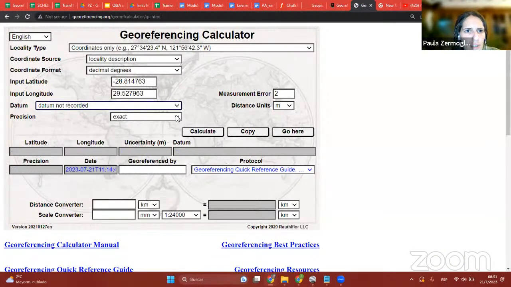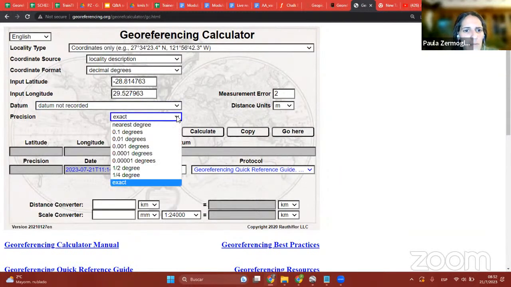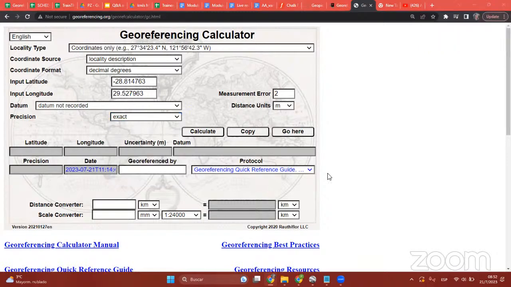The precision of these coordinates is, this is a question, which is the precision of the coordinates? Remember that we had these kinds of options. I think it is exact.